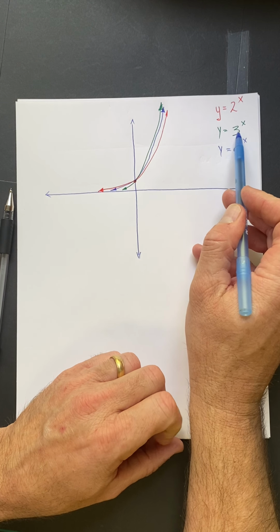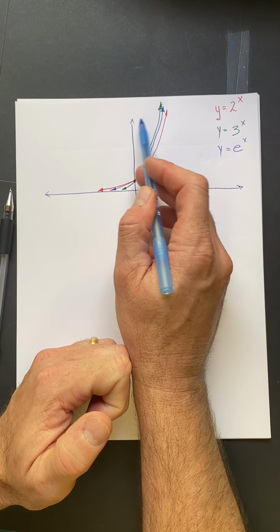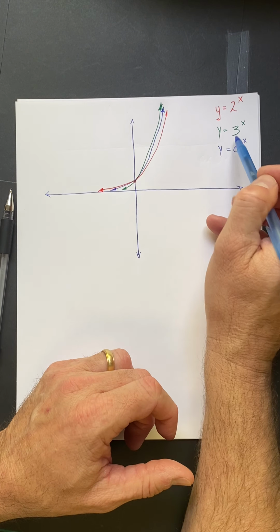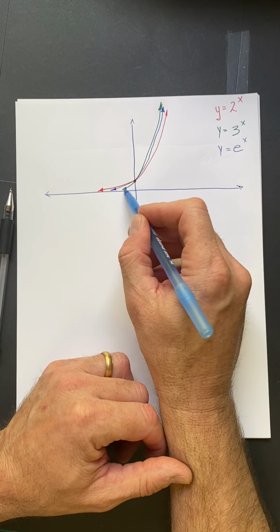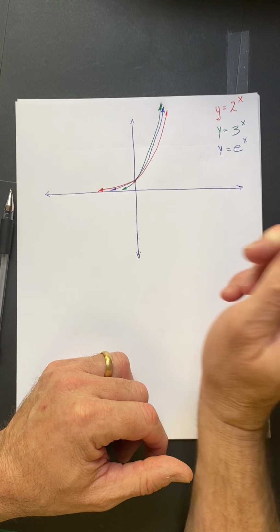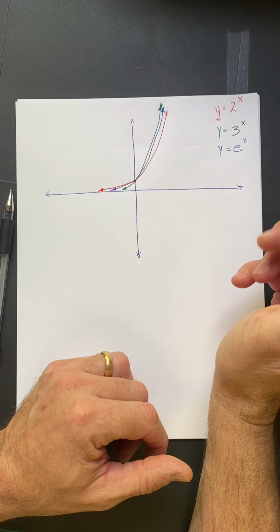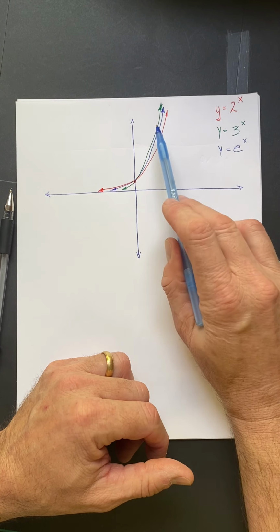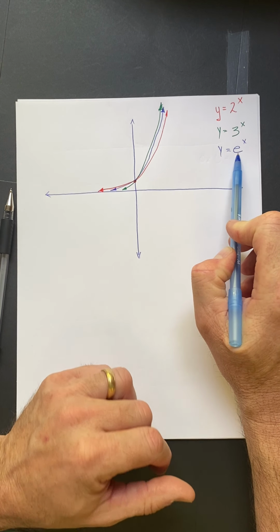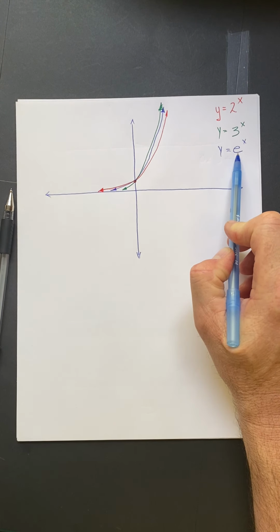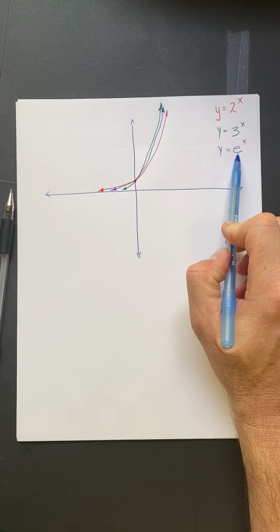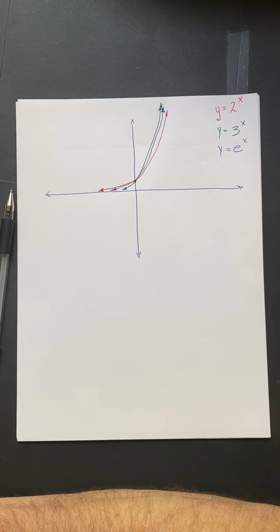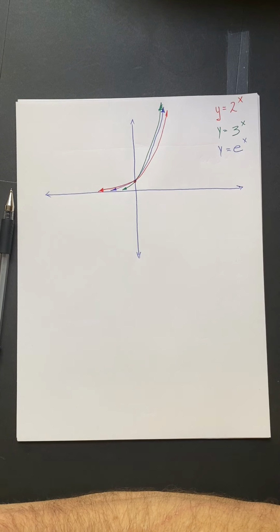The larger my base, the closer this curve is to the y-axis, and the faster my function approaches the x-axis as an asymptote. Then we showed the relationship between a base of 2, a base of 3, and a base of the natural number. So those are the things we want to talk about with exponential functions, and next time we're going to get farther into working with those.